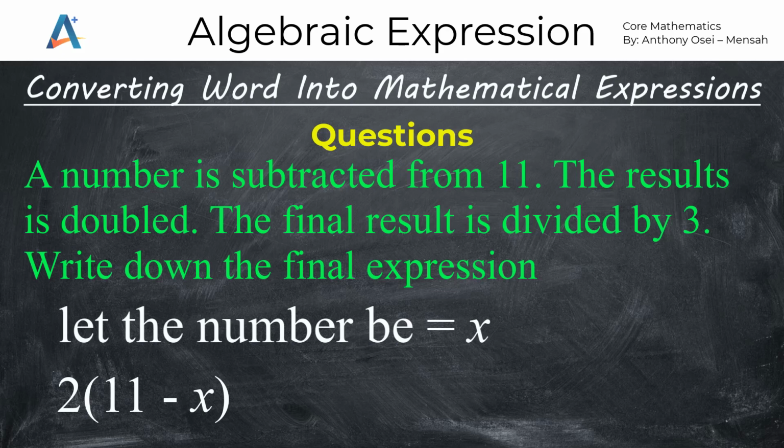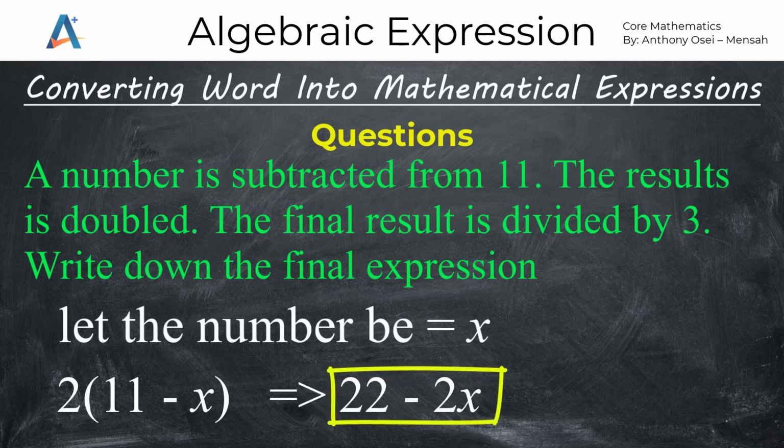Now let's expand. 2 times 11 becomes 22. 2 times minus x becomes minus 2x. So we are getting the results, which may be our final one, as 22 minus 2x. So it says that the final result is divided by 3.